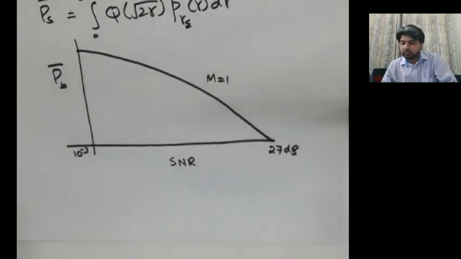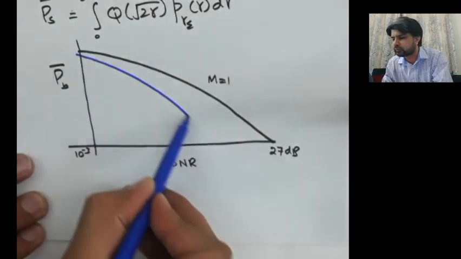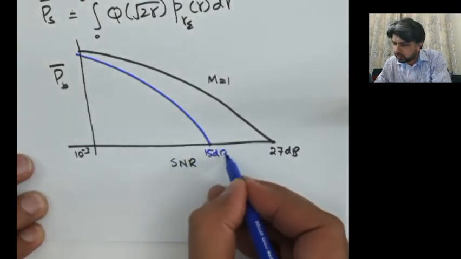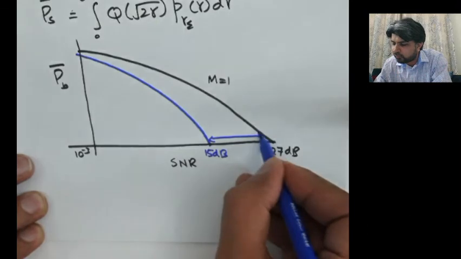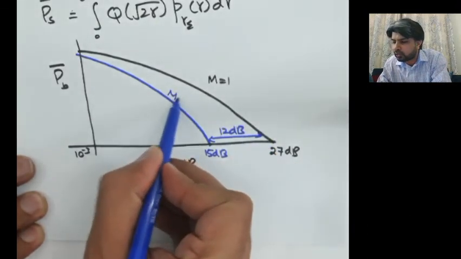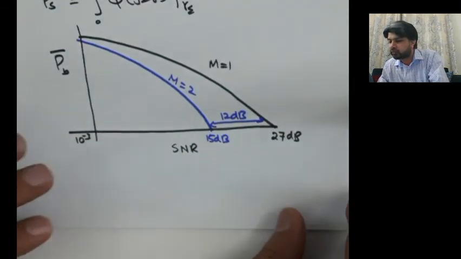And as you move from m equal to 1 to 2, you require only 15 dBs of signal to noise ratio. In other words, you get a gain of 12 dBs already when you move from m equal to 1 to m equal to 2 with selection combining. You are getting a lot of gain here.